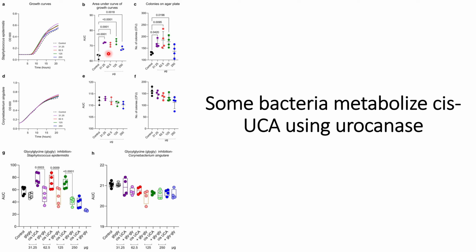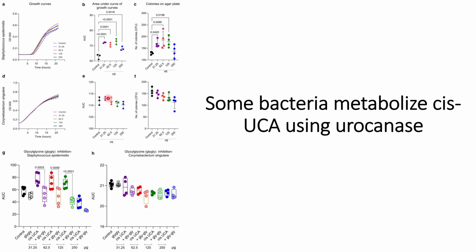Thereafter, they checked the area under the curve. In this area under the curve, they can see that compared to the control, there is a significant increase when they use cis-UCA at different concentrations. But when they checked the area under the curve for Corynebacterium, we see that it almost remains the same for all the conditions, that is for the control and for different concentrations of cis-UCA.